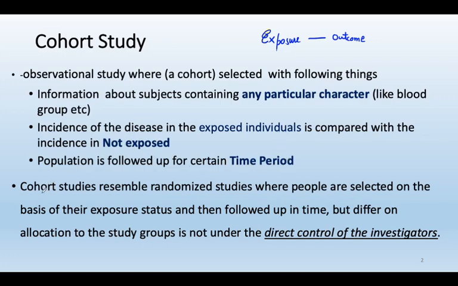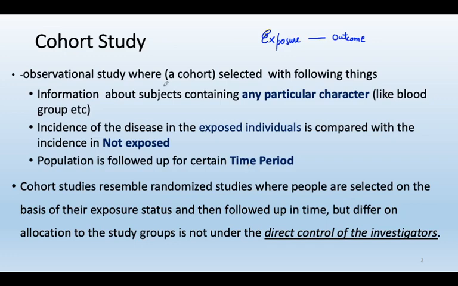Now, how is a cohort study different from a randomized clinical trial? In a randomized clinical trial, as you know, the investigator has control to allocate a certain number of individuals or patients towards placebo or any other alternate treatment plan.